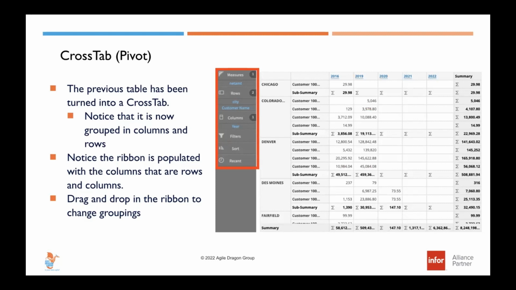We also now get more sub-summaries that in our demo, I'll show you how to turn on and off. When you're building a crosstab, you simply drag and drop the columns that you want to display in either rows and column section in the ribbon. You will also, of course, need a measure to make the crosstab work properly. So simply just drop a measure into the measure section of the ribbon.